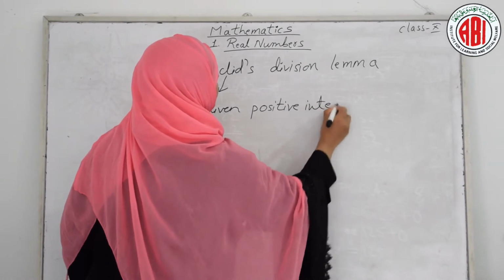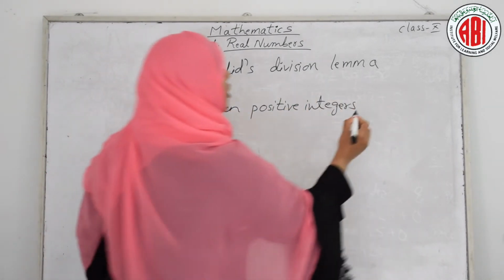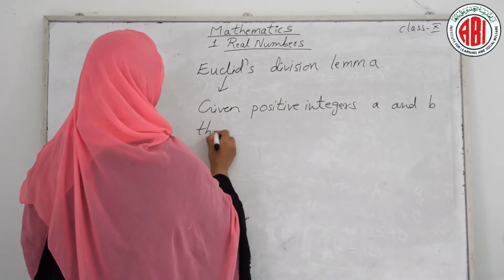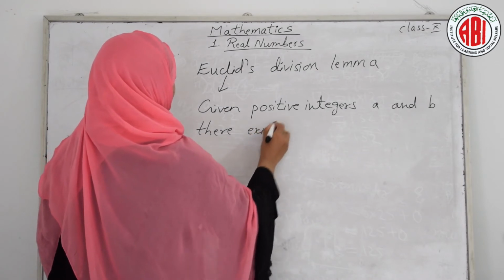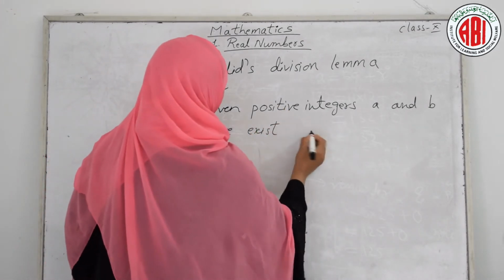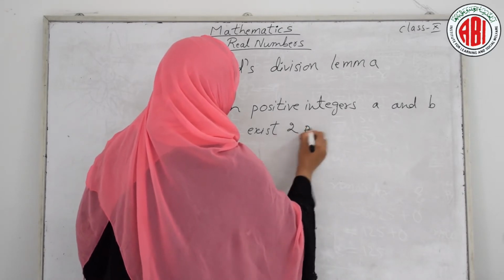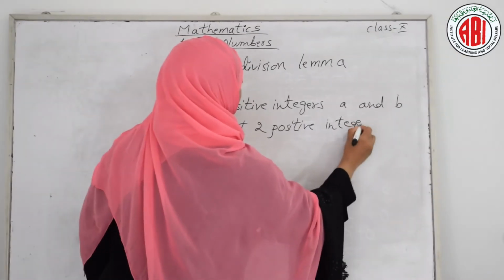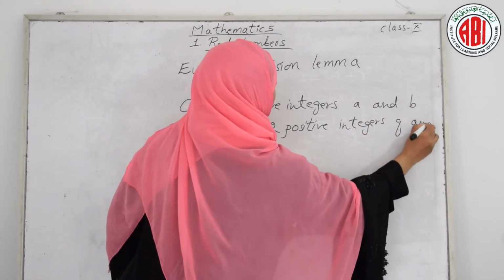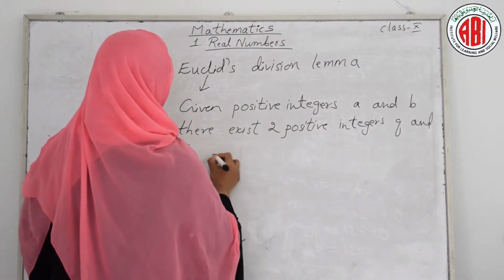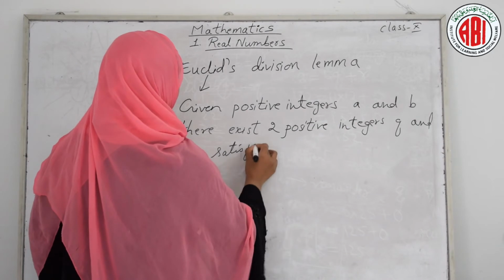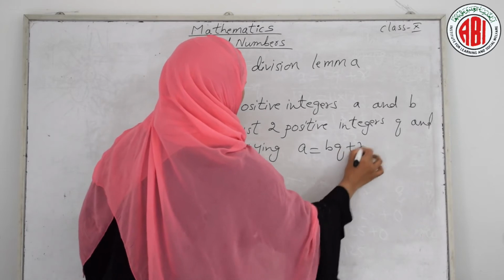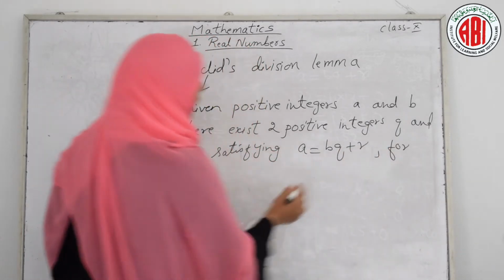For this we have one statement for Euclid's division lemma, that is: given positive integers A and B, there exist two positive integers Q and R, satisfying A is equal to BQ plus R, for the condition of remainder.